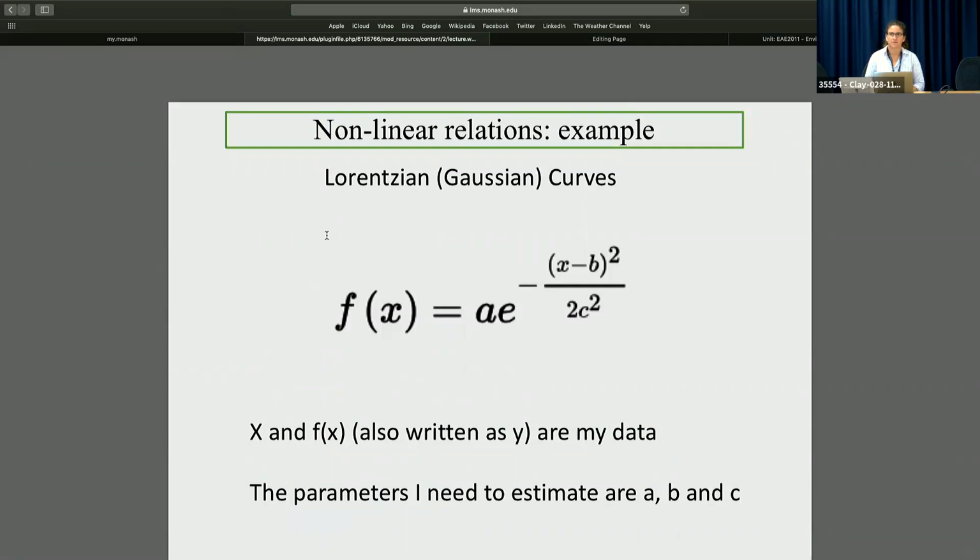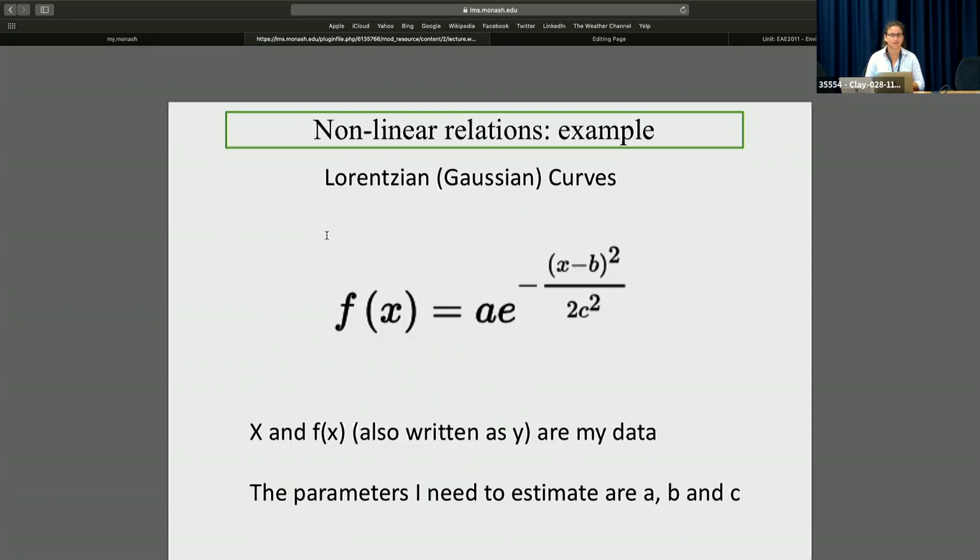So we spoke about nonlinear relationships, and we said that just like with a linear relationship, where we have our data, the x and y, or x and f of x, the function of x, we also have parameters that we need to determine. For the linear relationship, that was the slope and the intercept. For other types of relationships, they're different.